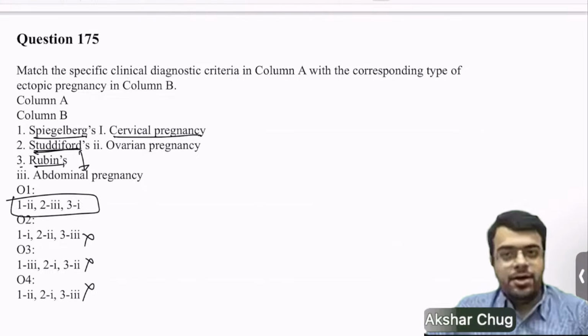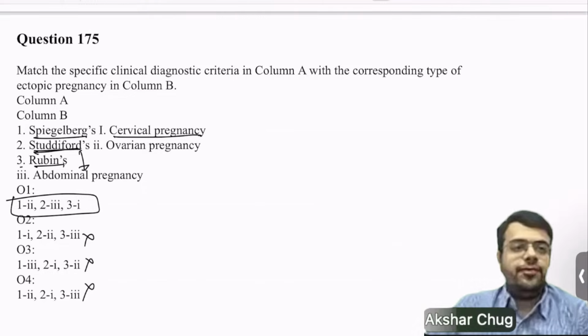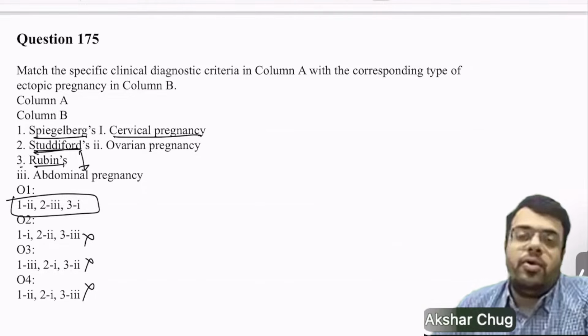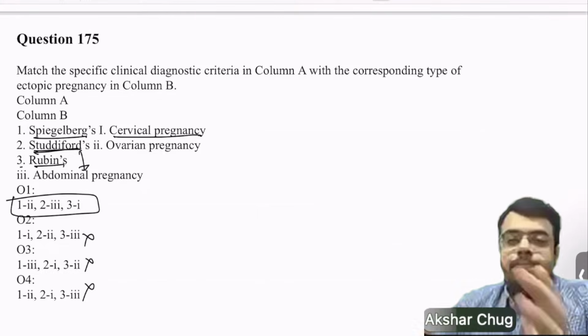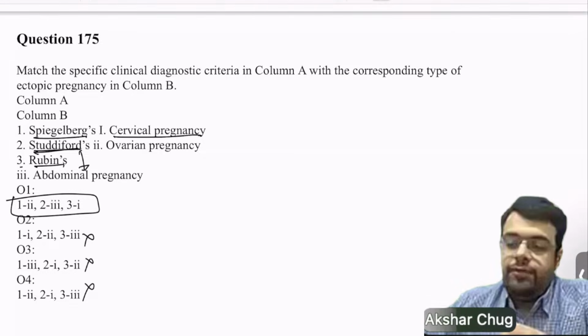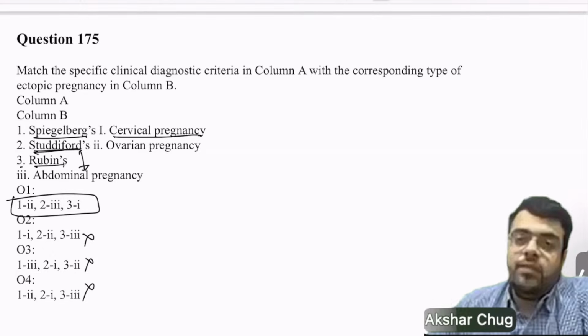The answer is Studdiford. Yes, someone correctly said so, because only the abdomen will provide the space required for the entire fetus. So the Studdiford pregnancy or the abdominal pregnancy will go till term.